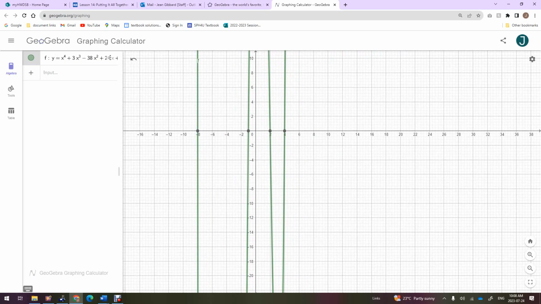Okay, now you will see the graph, and if you zoom out enough you'll see the whole graph, but we only care about the x-intercepts. So we see the x-intercepts are -8, -1, 2, and 4.